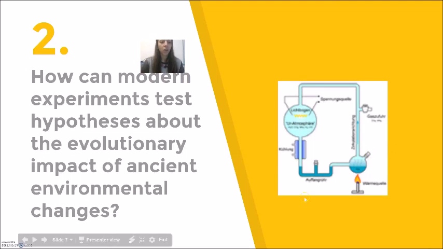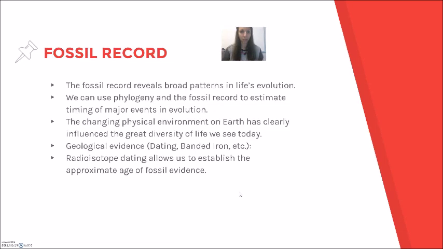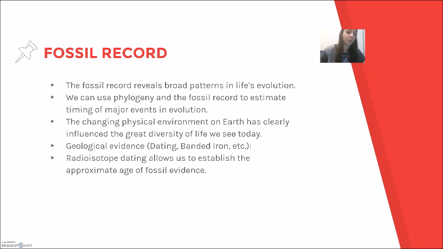All right. So how can modern experiments test hypotheses about the evolutionary impact of ancient environmental changes? We'll talk about some of the experiments that exist for that. I want to mention the fossil record first. The fossil record is really important. It's one of our most important pieces of evidence when talking about evolution and determining the history of life on Earth. The fossil record reveals broad patterns in life's evolution. We can use phylogeny and the fossil record to estimate the timing of major events in evolution, and the changing physical environment on Earth has clearly influenced the great diversity of life as we see today, because we've had a lot of different environments as Earth has gone on.